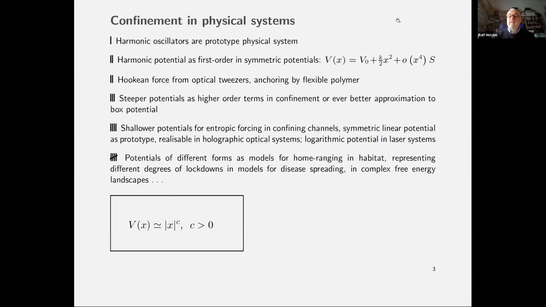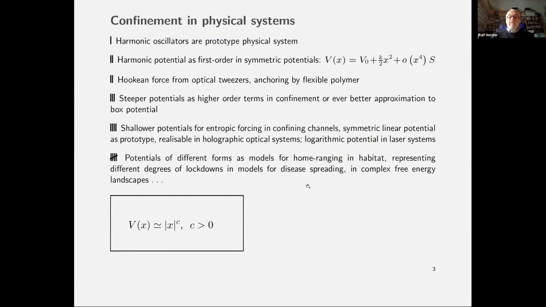You can have symmetric linear potentials, in many textbooks as prototype examples for non-harmonic forcing. They're realizable in holographic optical systems, and the extreme case, a logarithmic potential, is what the next speaker has been working on extensively. They may be connected to laser systems.